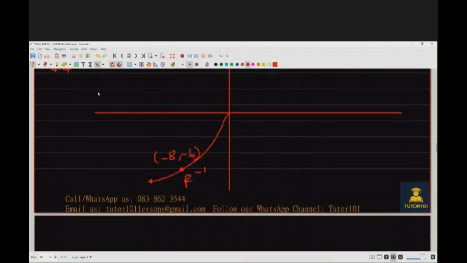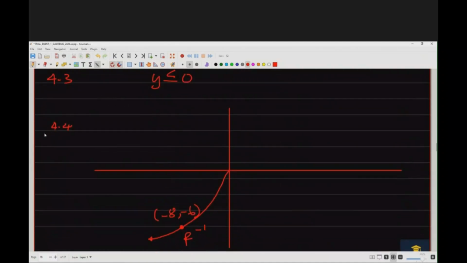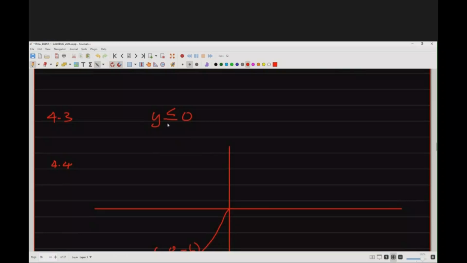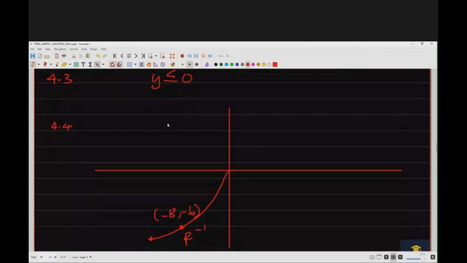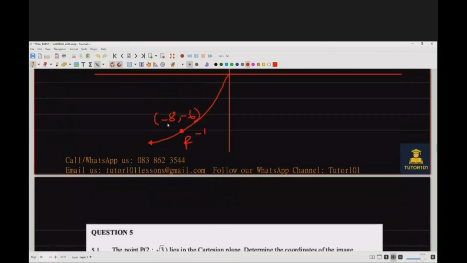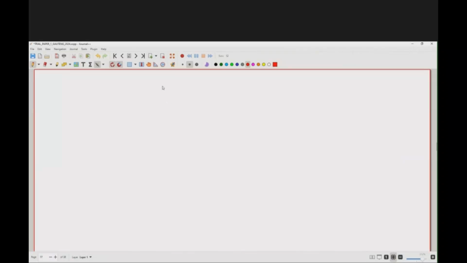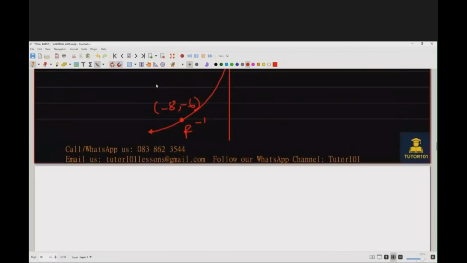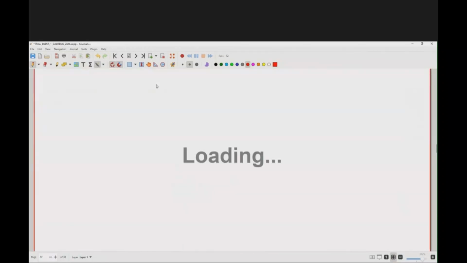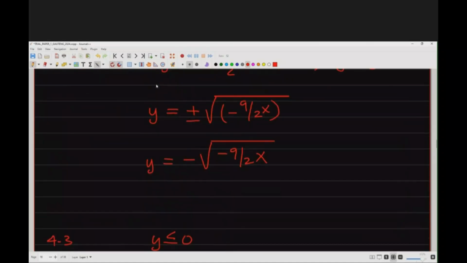And what that affects is the sign of our inverse function. Our graph previously was y is equal to minus the square root of -9 over 2x.